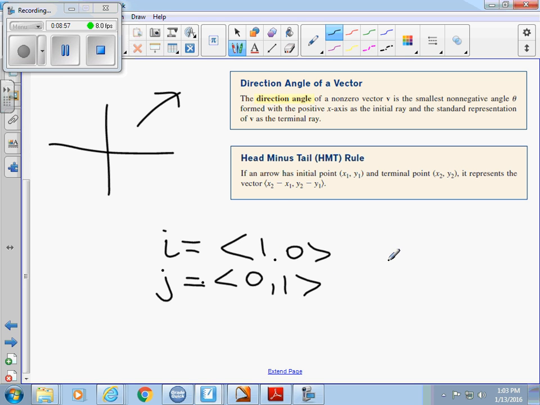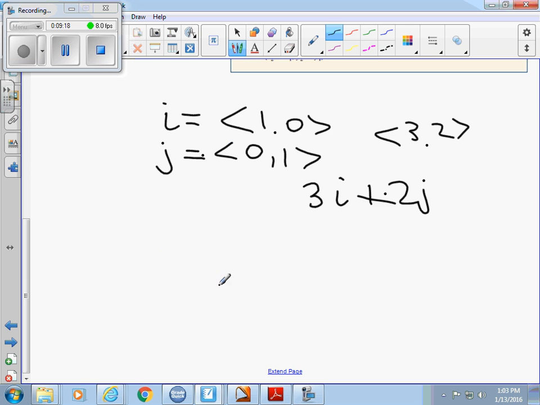So if I wanted to write the vector 3, 2, I could write it as 3i plus 2j. And those are equivalent vectors, and that's how they write it in physics.